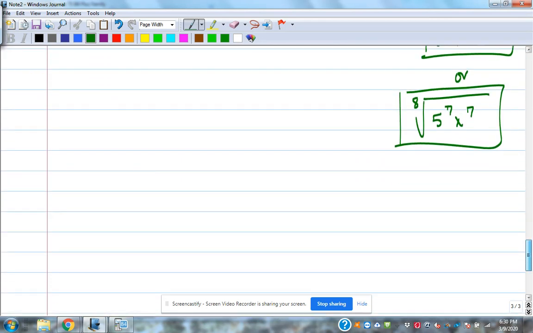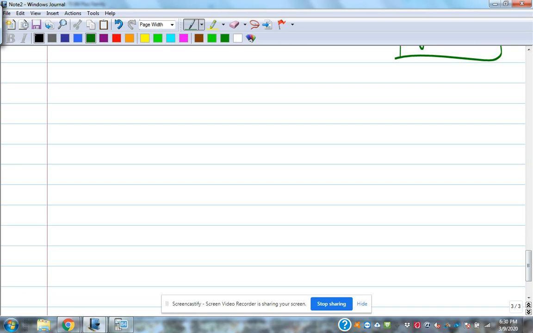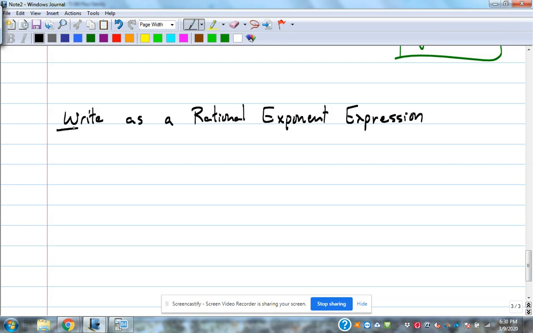All right. Let's go the other direction. So we're going to write as a rational exponent expression. So we're going to start with an indexed root and go the other direction.